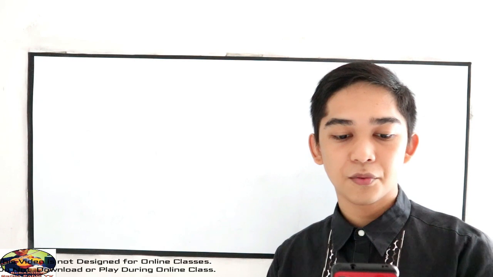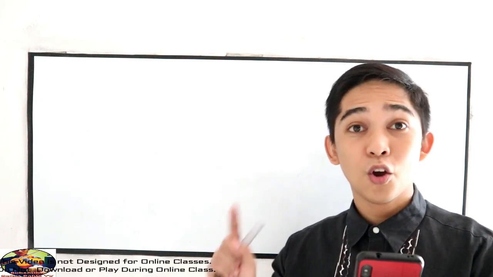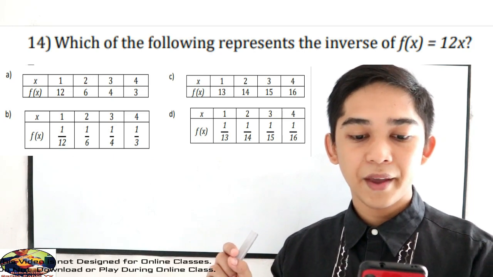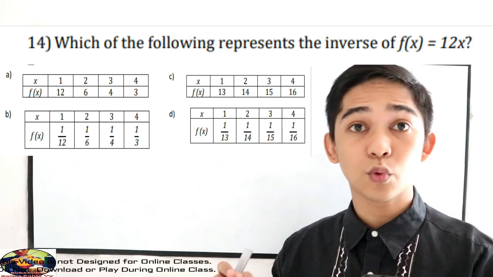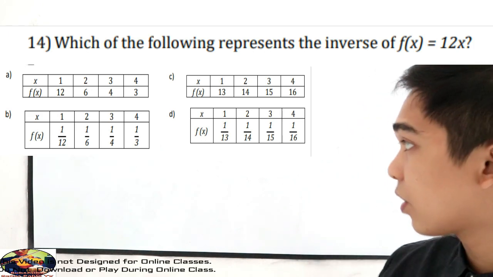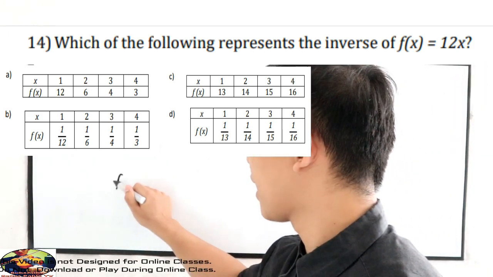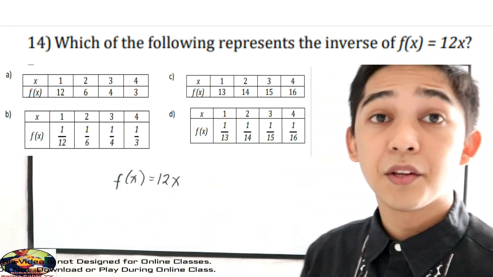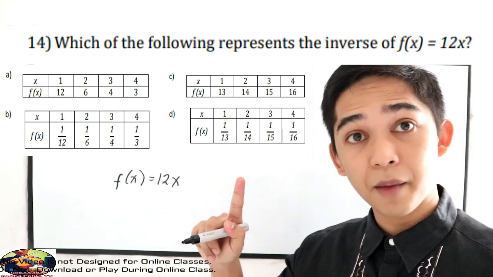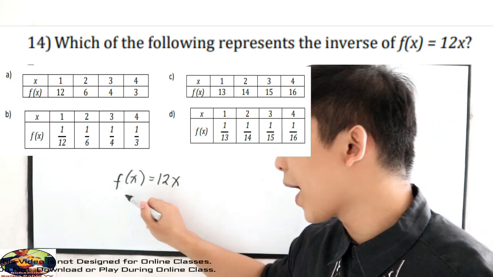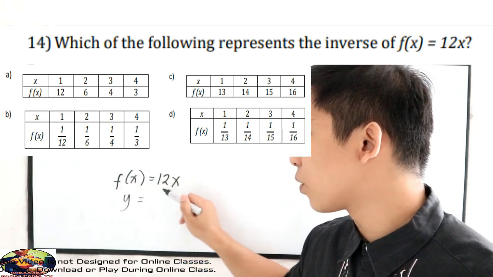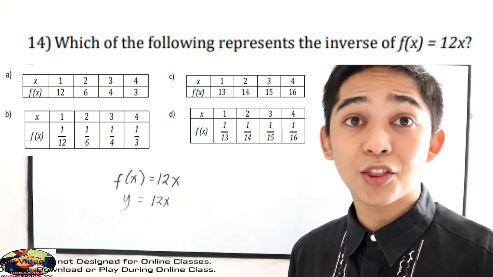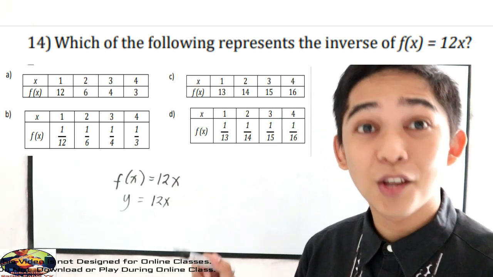And for number 14, which of the following represents the inverse of f of x is equal to 12x? So let us solve. f of x is equal to 12x. Inverse function. So our first step, change f of x to y. y is equal to 12x. Next step, interchange x and y.